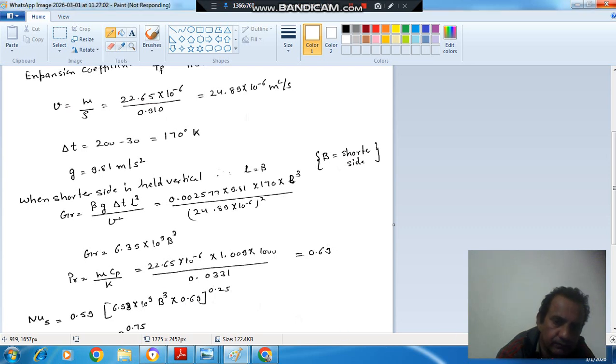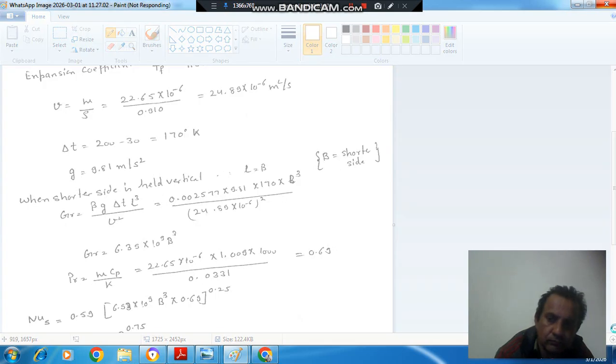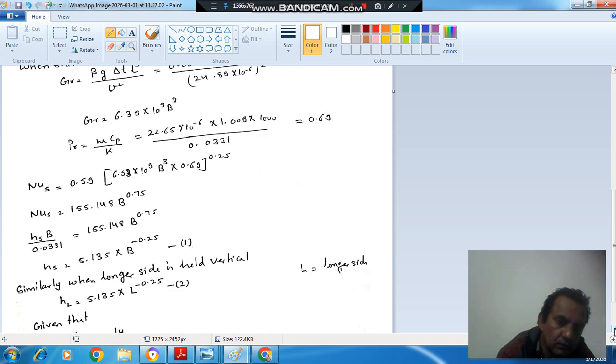So it will come 5.135 into B raised to the power 0.75, and the Nusselt number is Hs into B by K. So from this Hs will come out as 5.135 into B raised to the power minus 0.25.